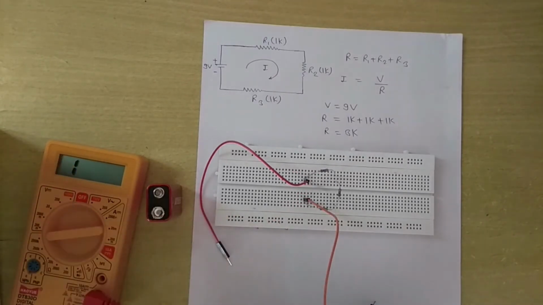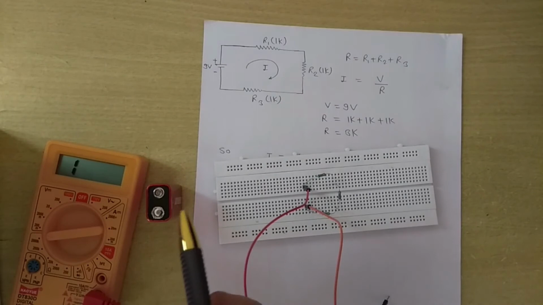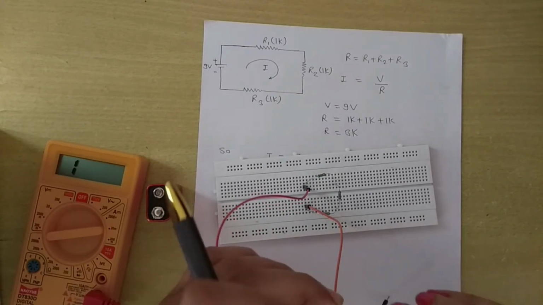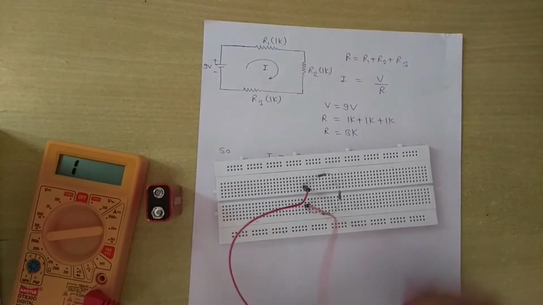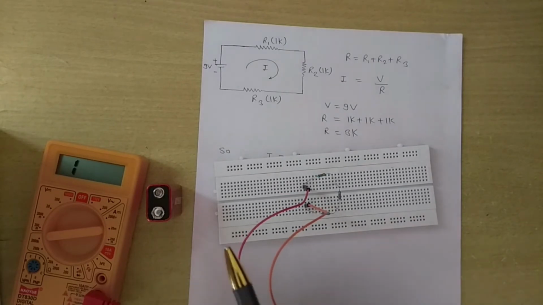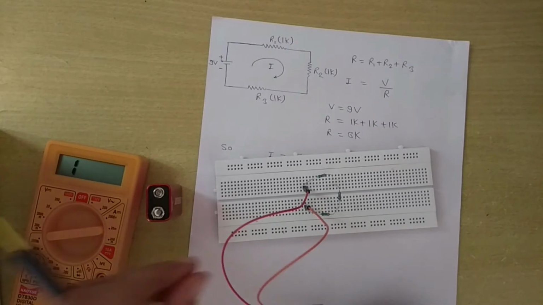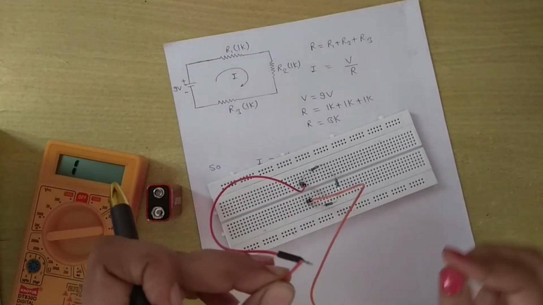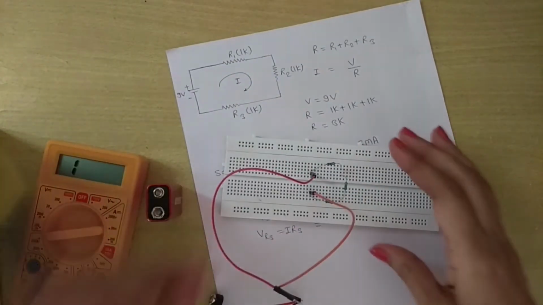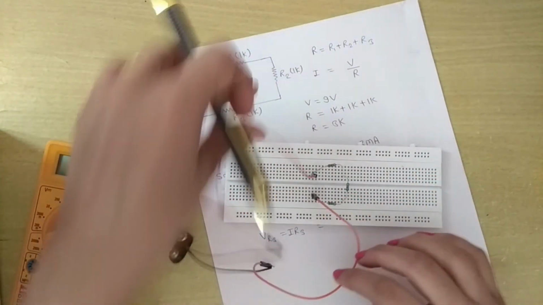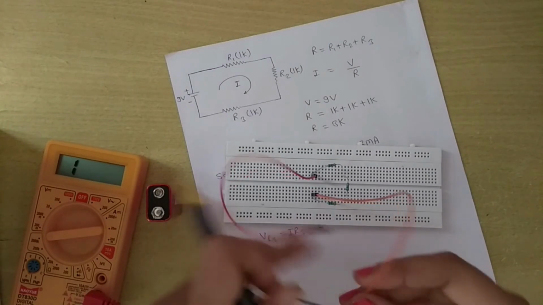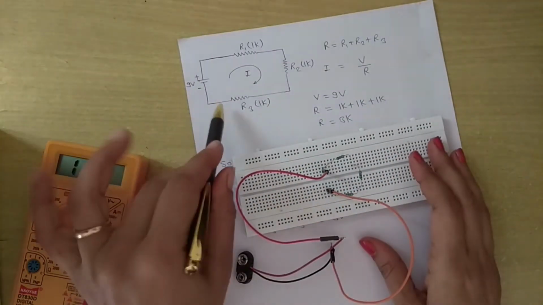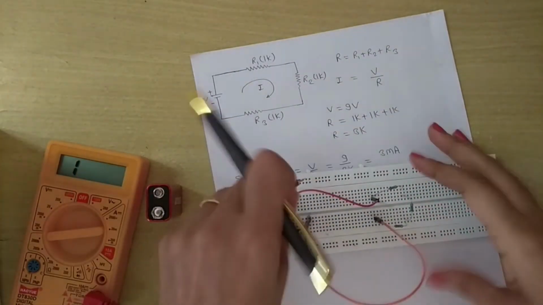This is the battery connector. Let us connect it with the battery and apply voltage to the circuit. So this red wire, which is for the positive of the battery, is connected with the positive terminal, and this black wire is connected to the negative side of the terminal.